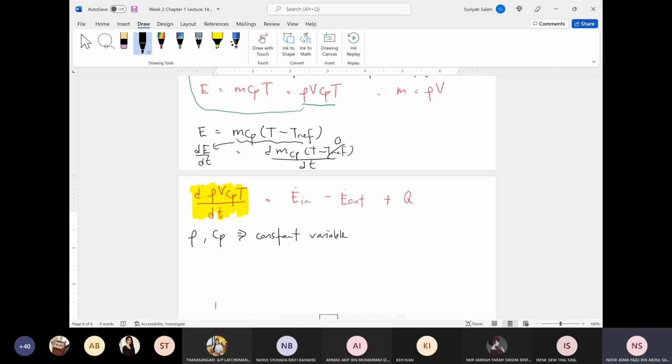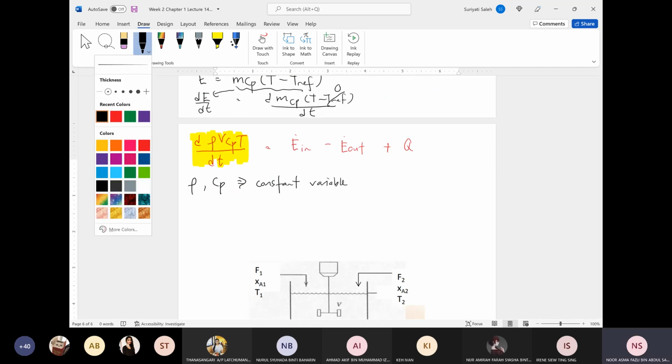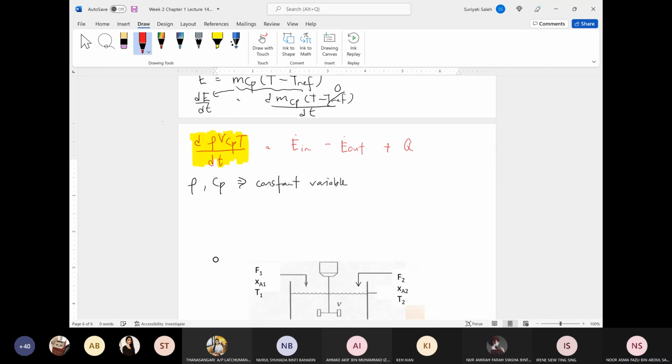So when we have a constant value, we can take it out of our term.